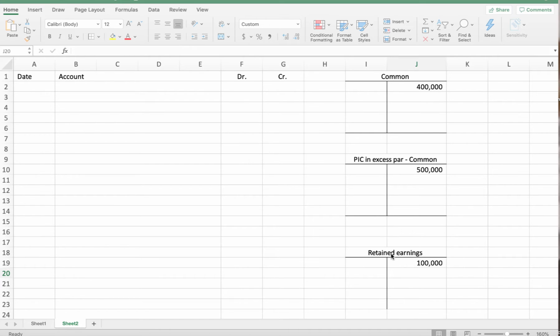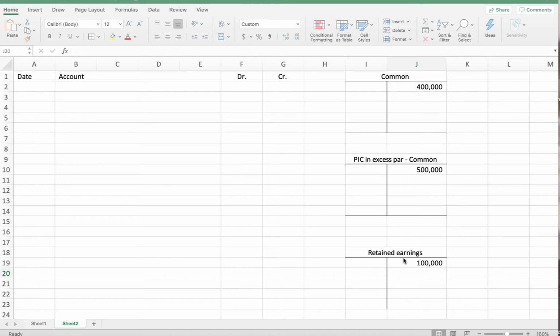And the retained earnings is $100,000. Now, it's important that we start off there because remember, in accounting we need to keep chronological order of our transactions. So January 1, that's the balance that we start off with, right? So I set up the T accounts or the ledger, if you will, to reflect those beginning balances.